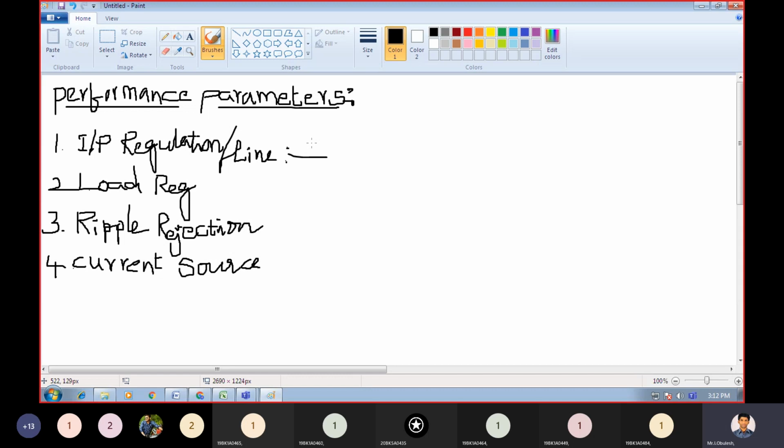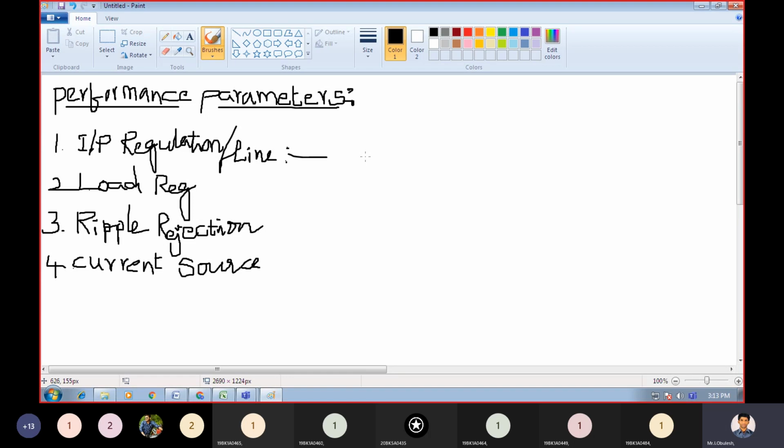It is defined as the percentage change in output voltage for a change in input voltage. Means that if any variation is there in the input, the percentage change in output voltage also will reflect. Units are millivolts or percentage of output voltage.